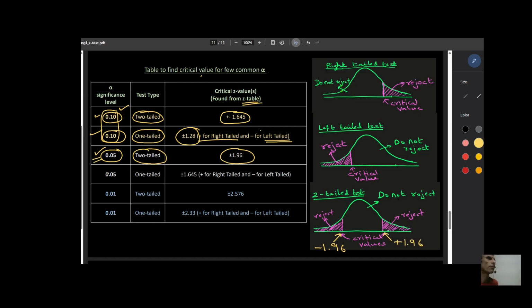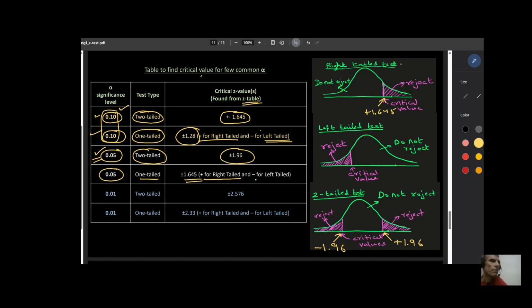On the other hand, when your alpha is equal to 0.05, and if it's a one tail test, let's say a right tail test, your critical value is going to become plus 1.645. So for the right tail test, this value is going to become plus 1.645.